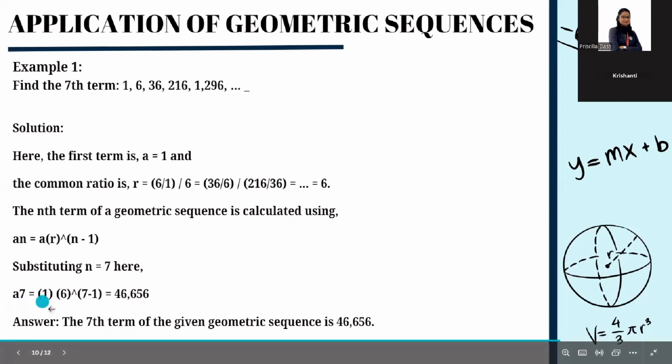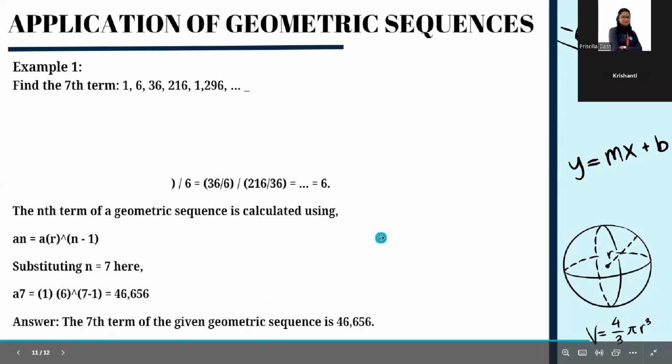So a₇ = 1, our first term, multiplied by 6, our common ratio, to the power of 7 minus 1, which equals 46,656. That is the seventh term of the given geometric sequence.